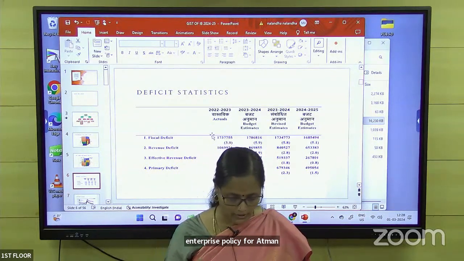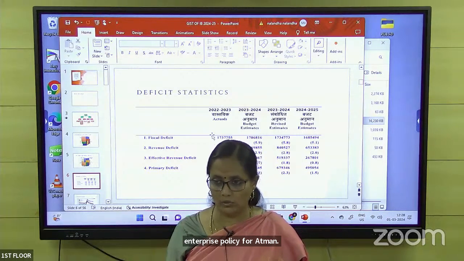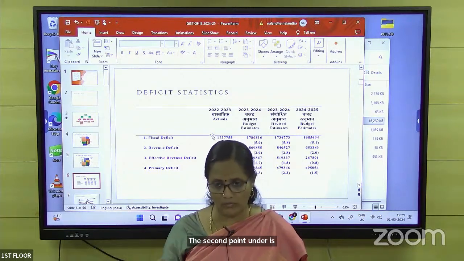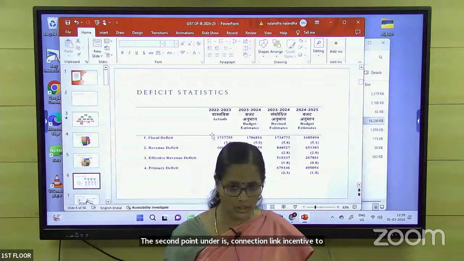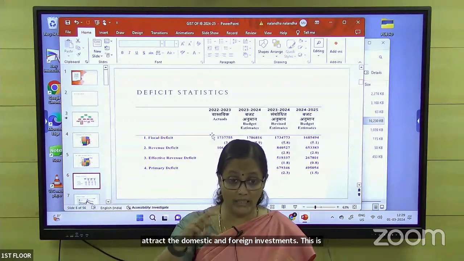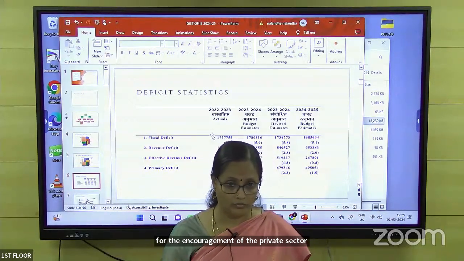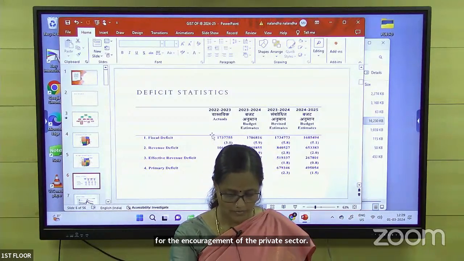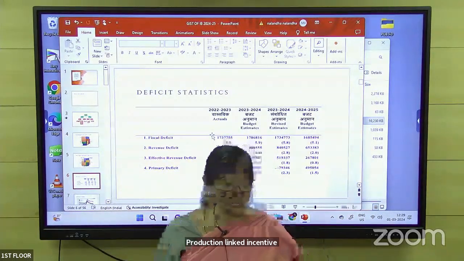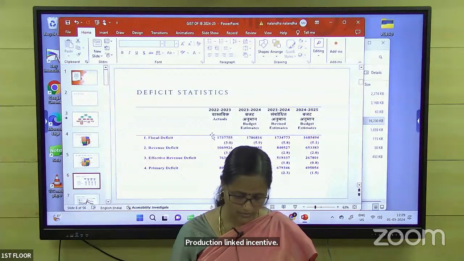The second point under it is production linked incentive, PLI, to attract domestic and foreign investments. This is for the encouragement of the private sector.